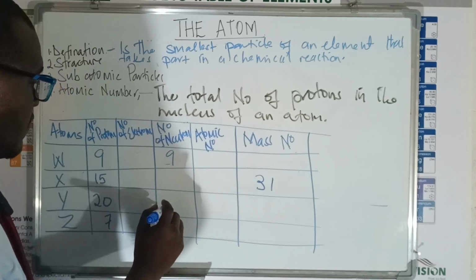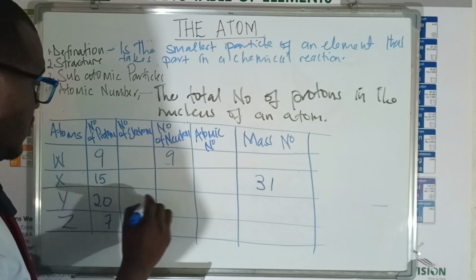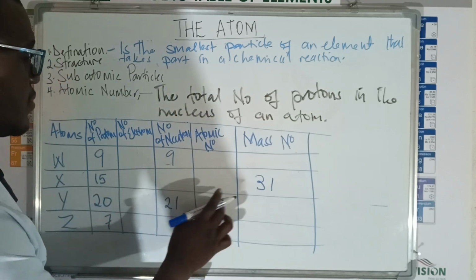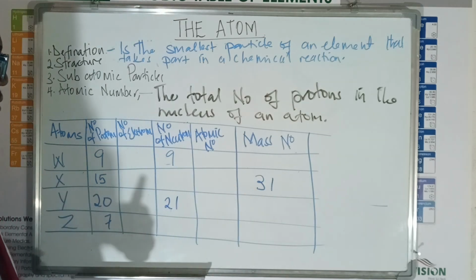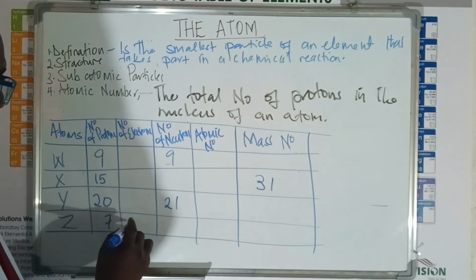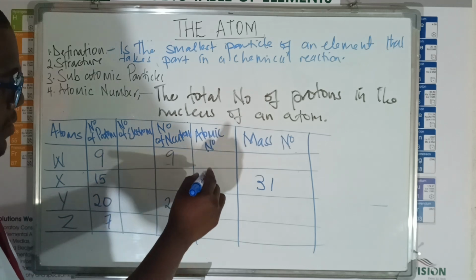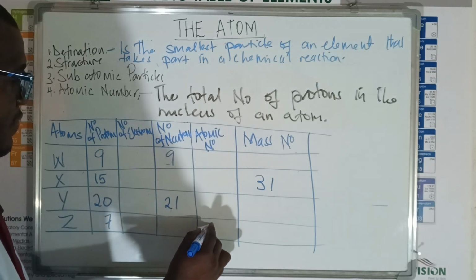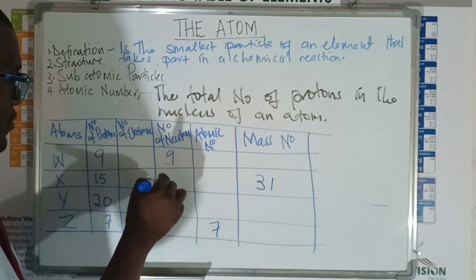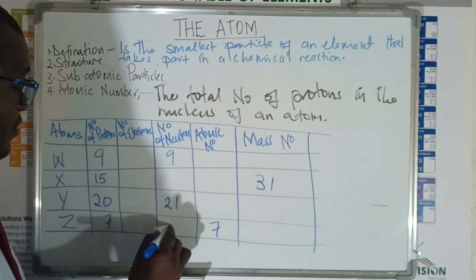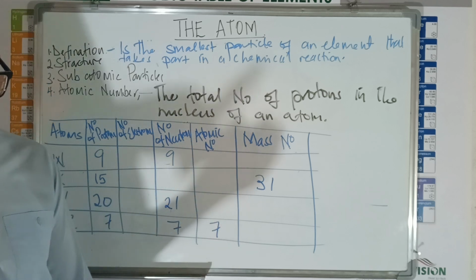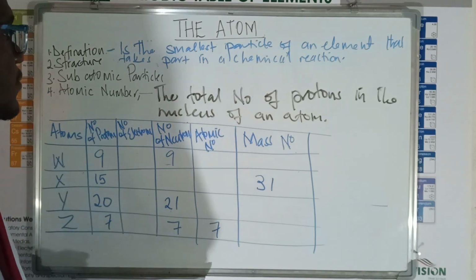You're given the number of neutrons here again, maybe as 21. Then you fill the rest. Then finally, here you're given the atomic number, and then you're also given the number of neutrons, maybe as 7. Then you're told to fill what is left.